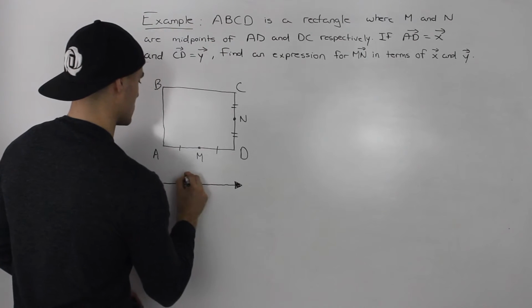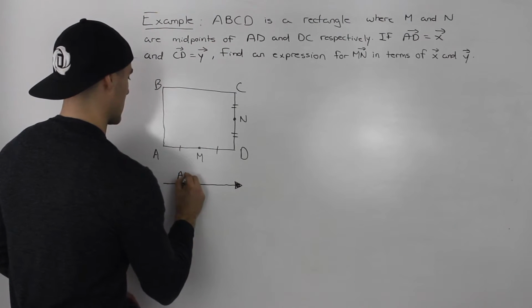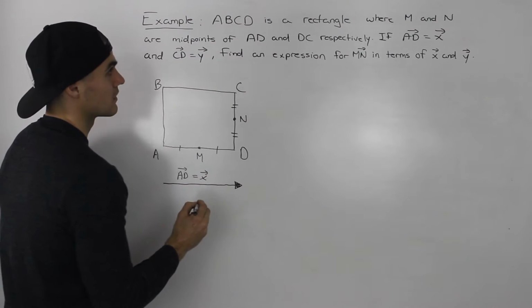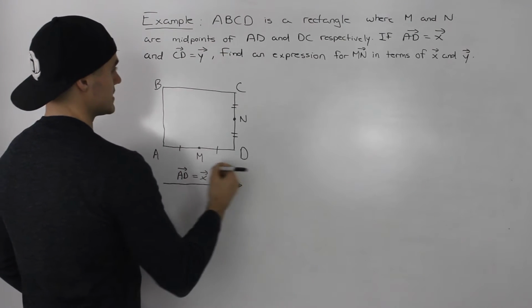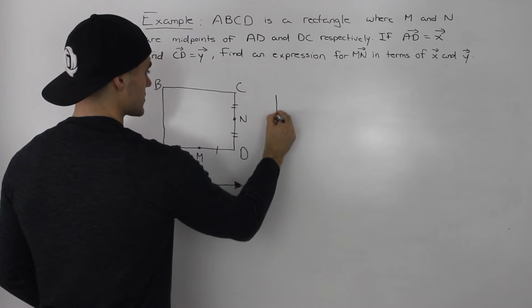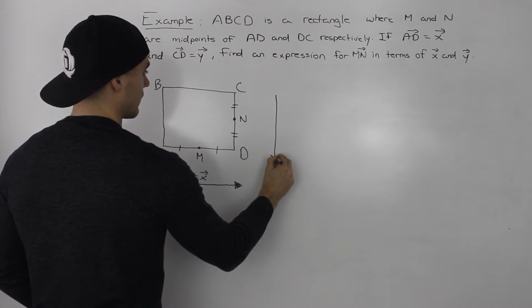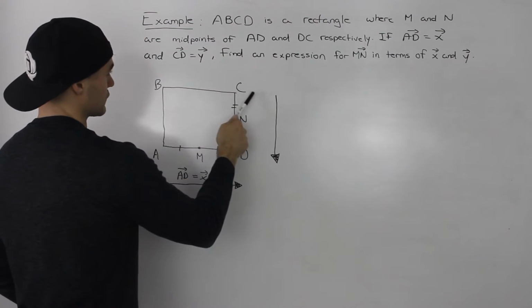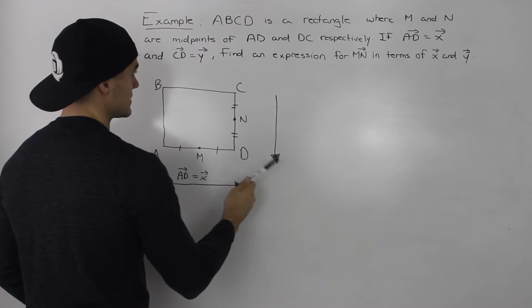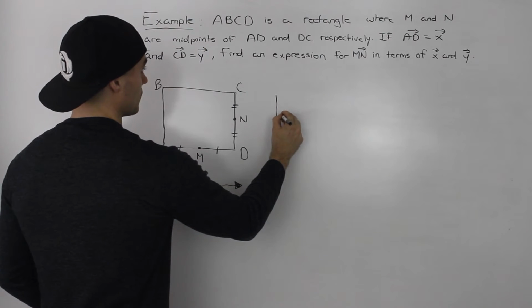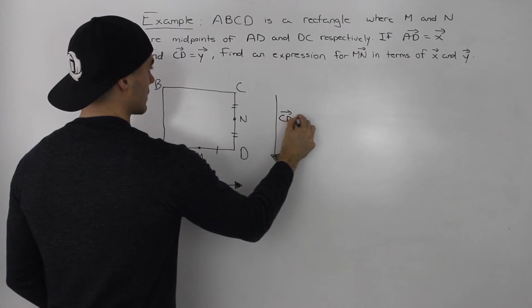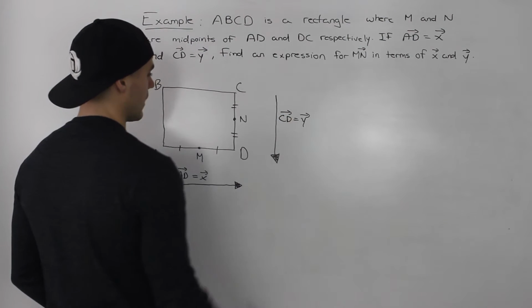So this vector AD is equal to X, and vector CD is equal to Y, a vector going down this way. Remember, the tail of a vector starts at the first letter, C, and the head ends at D. So this is vector CD, and that's equal to Y.